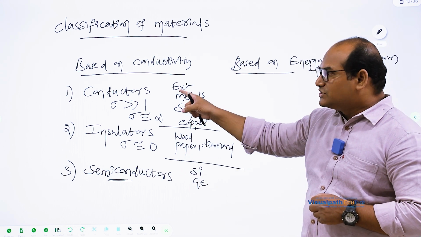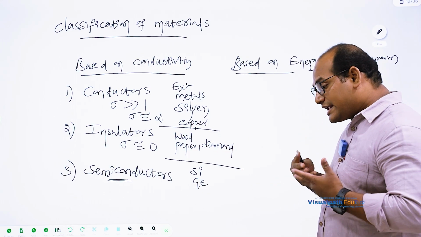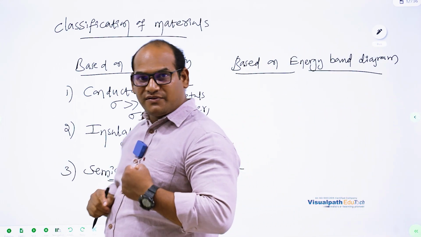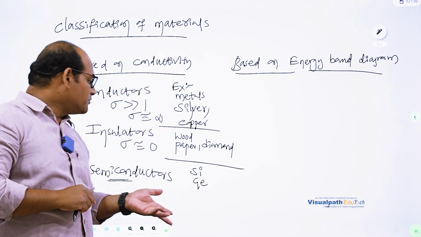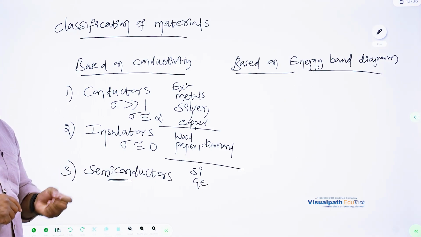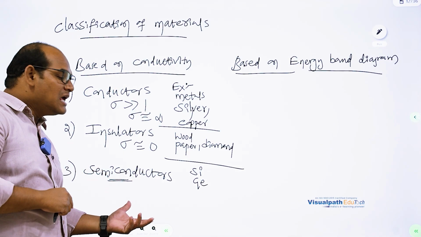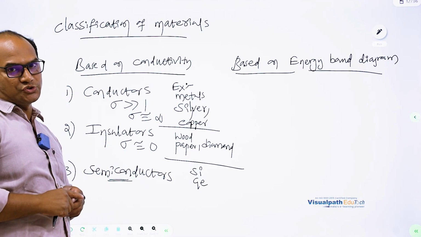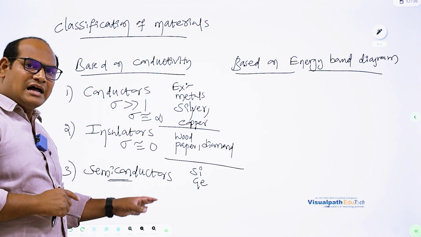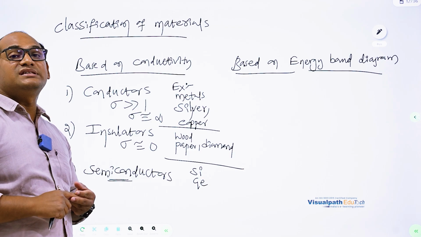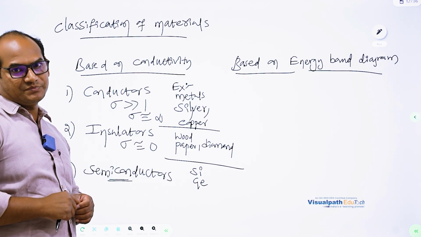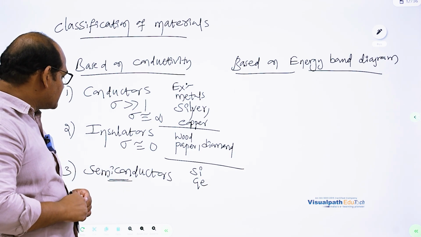It should be in between these two. Then those electronic devices can be used as amplifiers, those electronic devices can be used as switches. The switching operation is very important. The switching operation can be done when the conductivity is in between these two. You are going to understand all these things in detail when you see about the PN junction diode itself. So those things we are going to see anyhow.